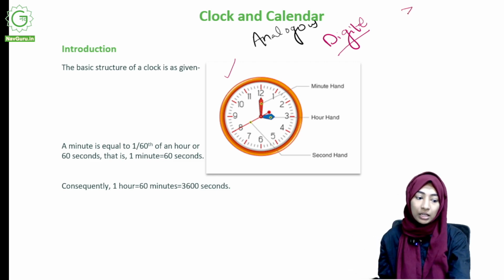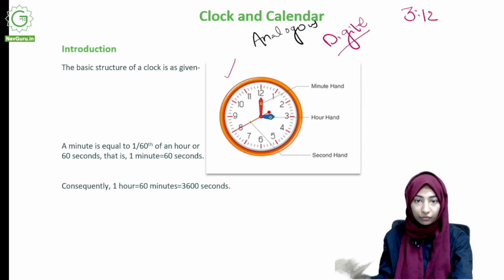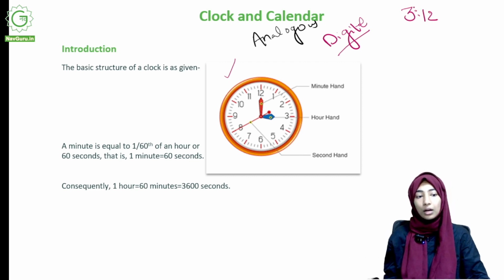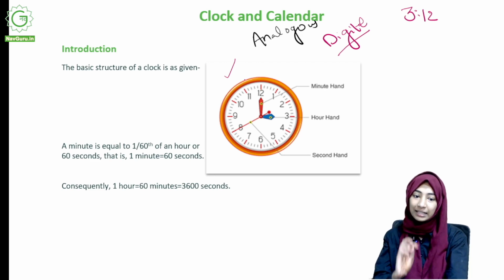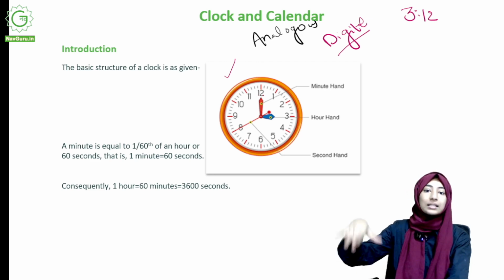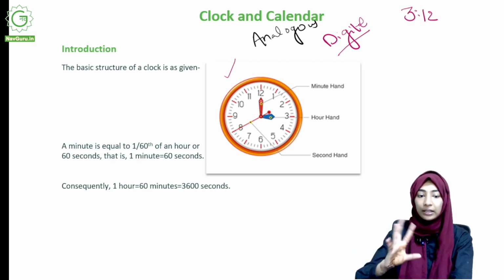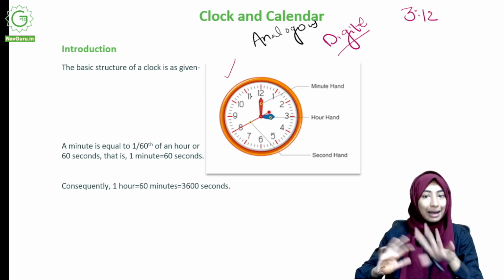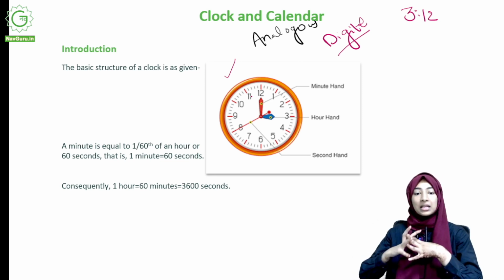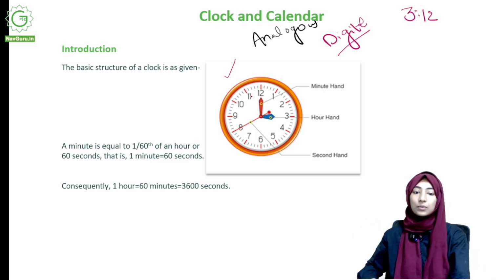If it is 3:12, it will be written as 3:12, or 3:40 or whatever. That's what a digital clock is. An analog clock has the numbers marked in a certain way, and you look at the hour hand, the minute hand, the second hand, and figure out the time. So that's what an analog clock is.